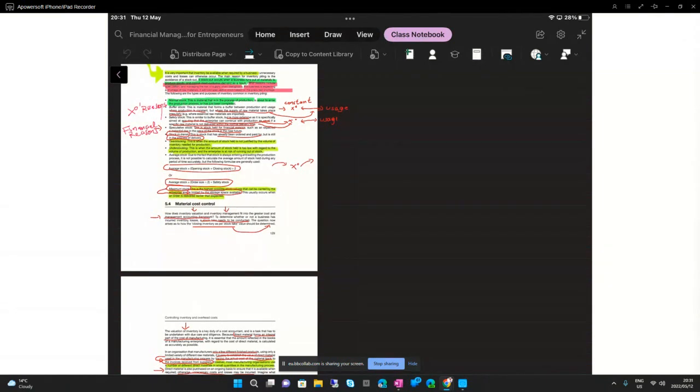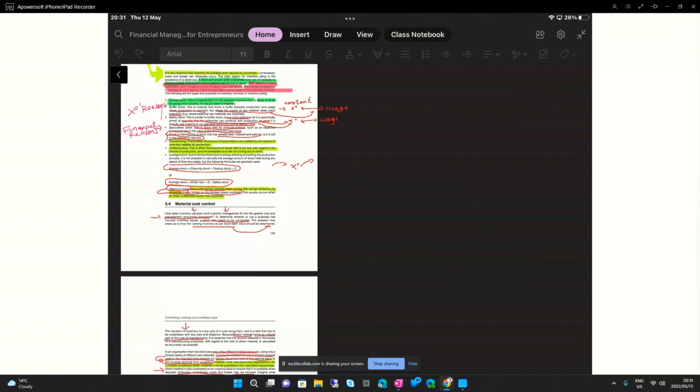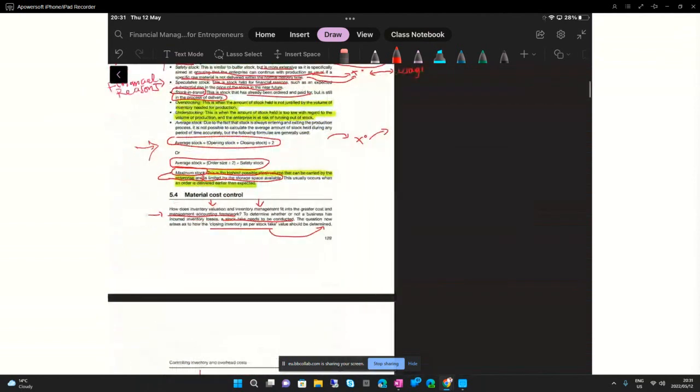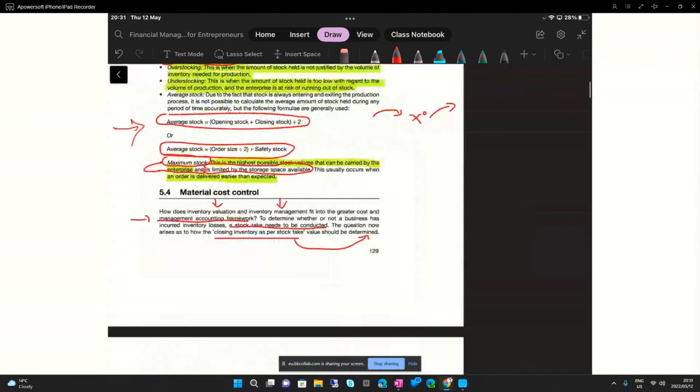Average stock: opening stock plus closing stock, divided by 2. I want you to see this, so let me make it a little bit bigger.